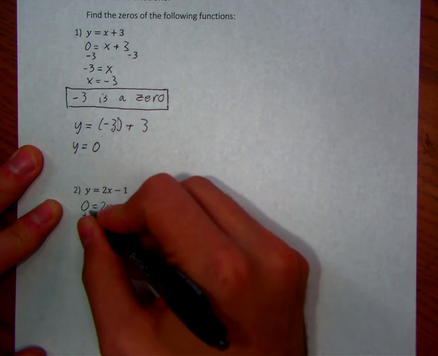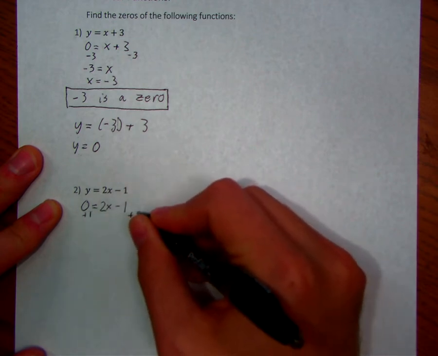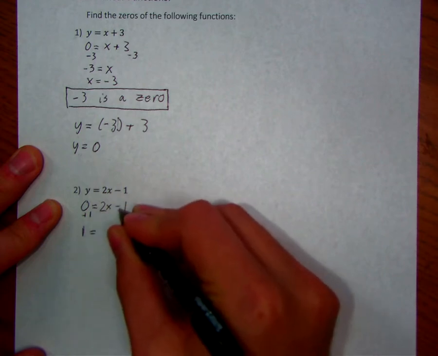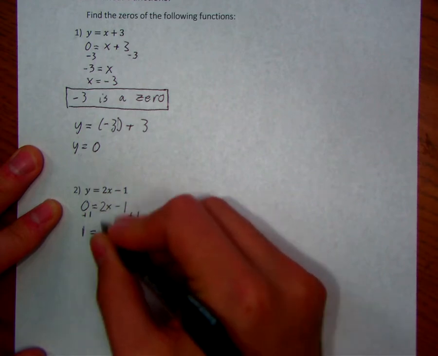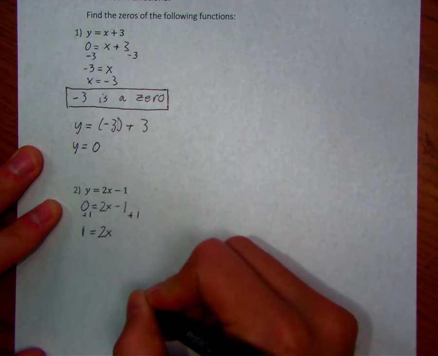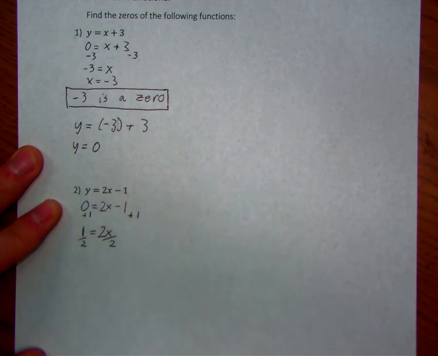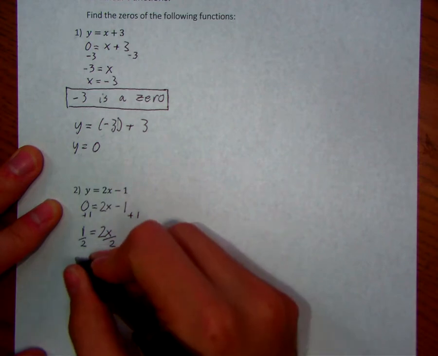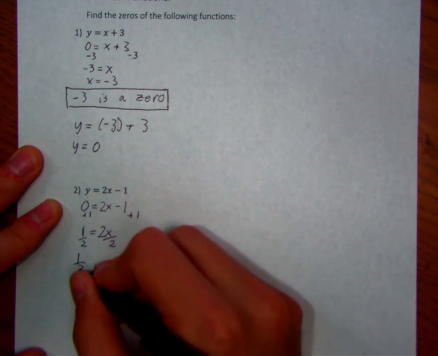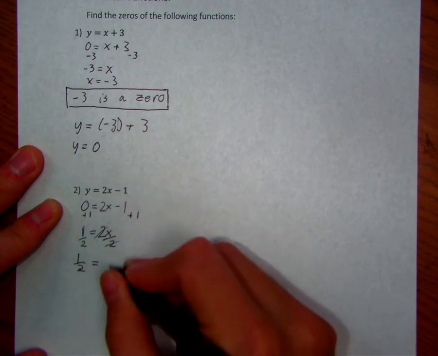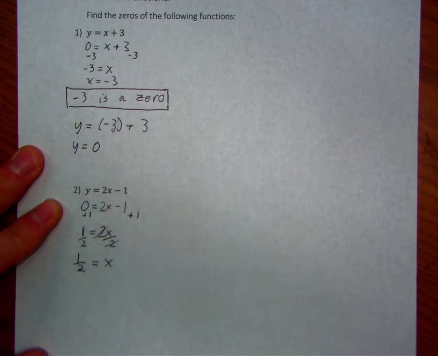Let's add 1 to both sides. Now I've got 0 plus 1 is 1. I've got 2x minus 1 plus 1. Well, that's just 2x. Now I can divide both sides by 2. If I divide both sides by 2, I've got 1/2 is equal to, and these 2's cancel, so this side is really just x.